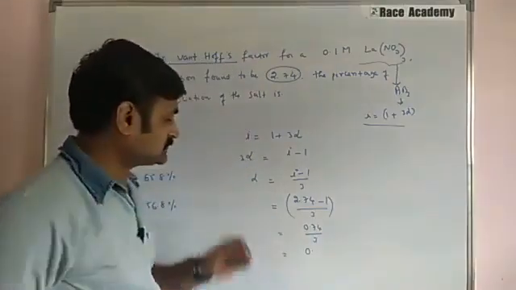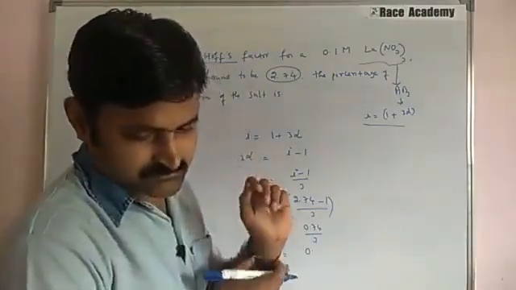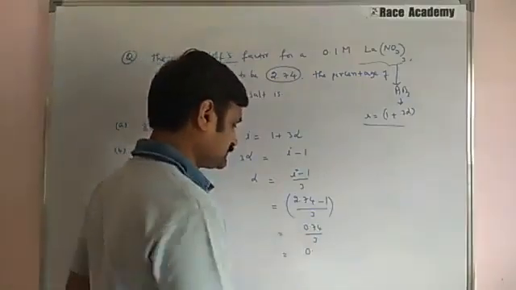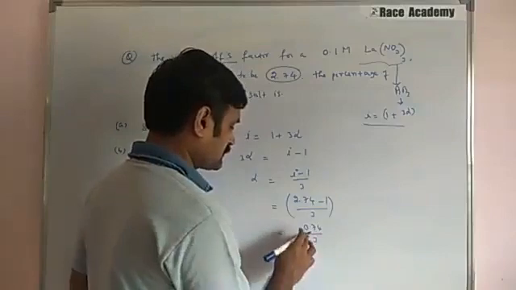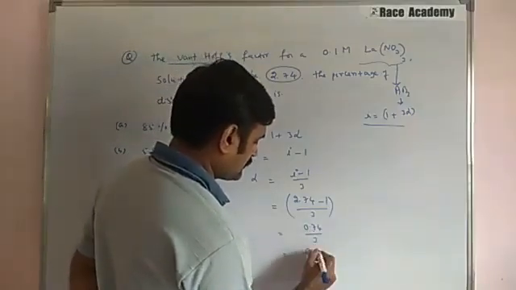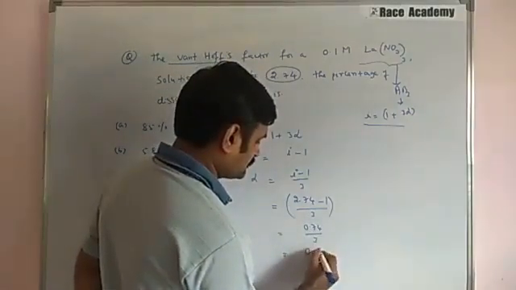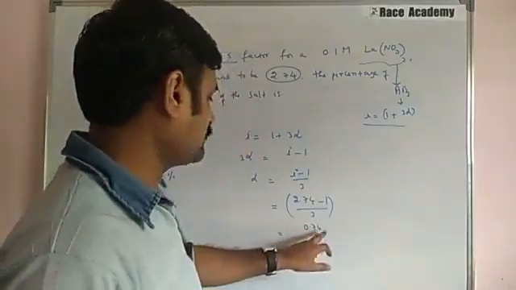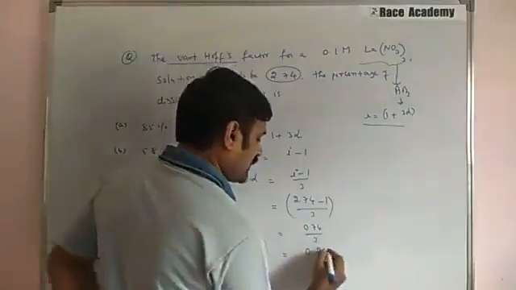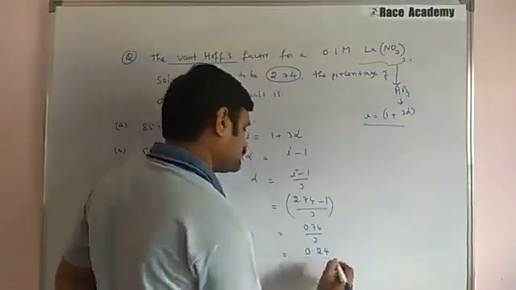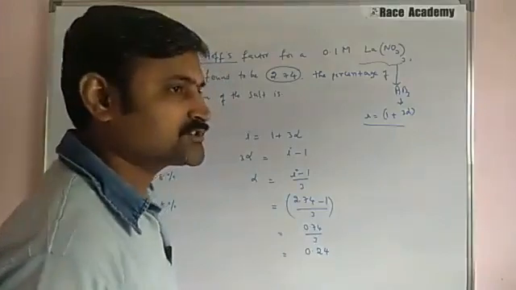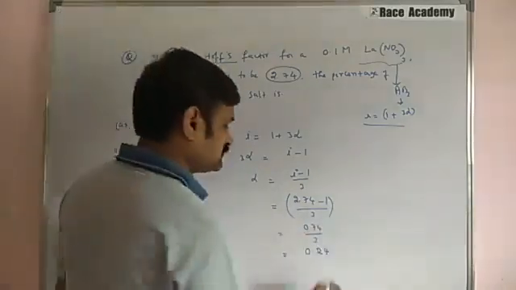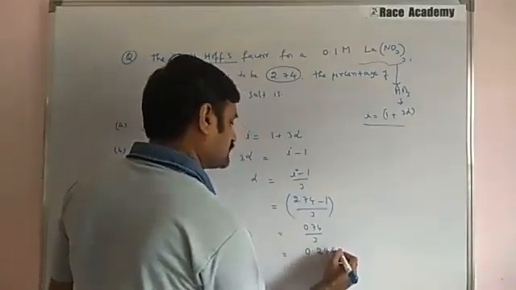Let us see. 0 point, 3 2s are 6, 14 is there. Then you will write 3 4s are 12, so next 20 is there. Again we will write 3 6s are, like that.